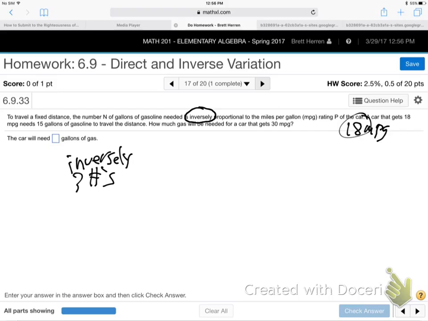Got the 18, the 30, and the 15. Yeah, 3 numbers. So what am I going to do? A times B is C times D. If it was direct, I'd make 2 fractions. But if it's inverse, I make 2 multiplications. That makes sense? Can you finish it from there?